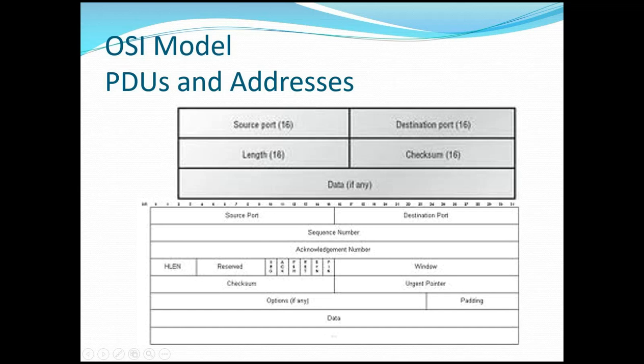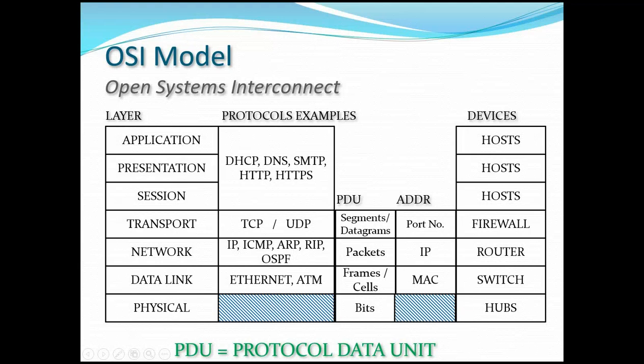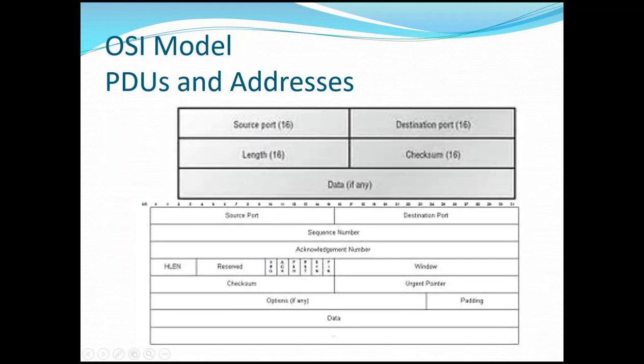Up here, UDP, which also runs in the transport layer, is unreliable. It's not as sophisticated as TCP, but that's by design. That's a good thing because it has lower overhead. So up here, this is a UDP datagram. Notice it does not have the sequence numbers that we had in the TCP segment.